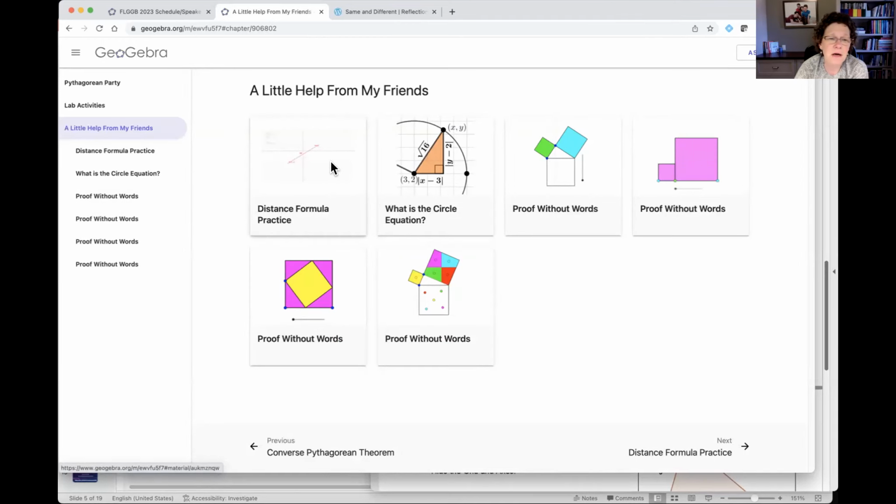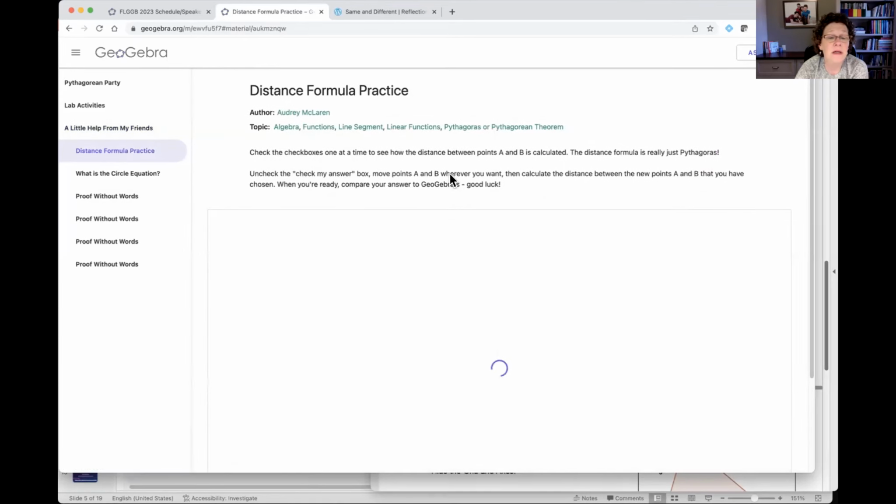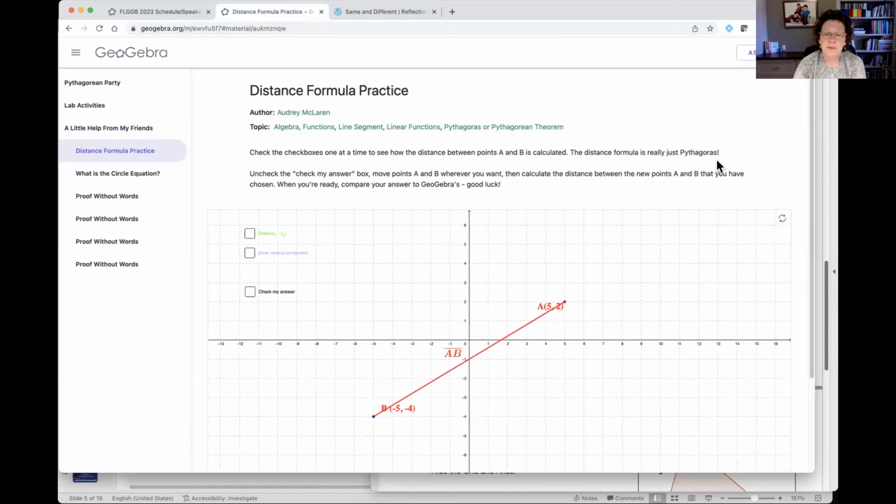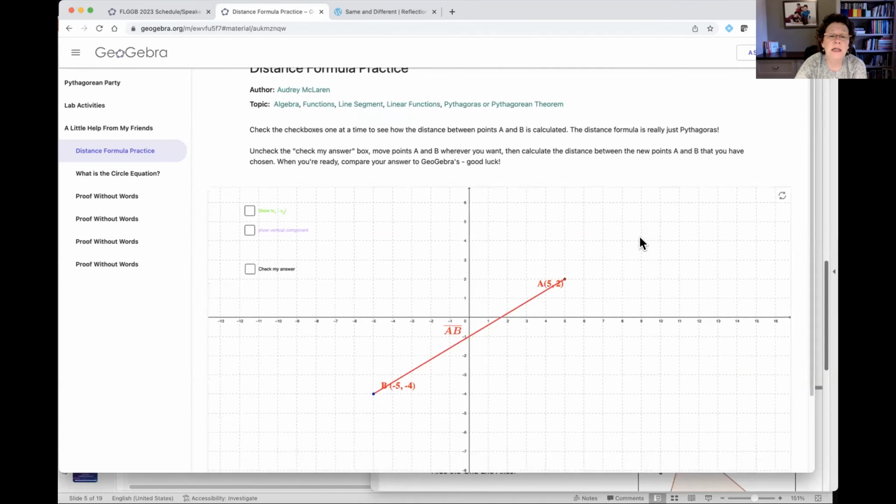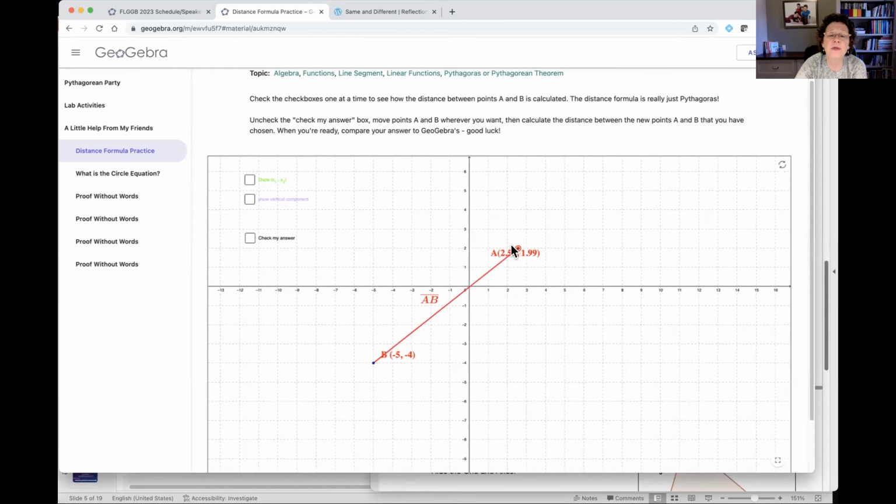First of all, the Pythagorean theorem is the same thing as the distance formula. And Audrey McLaren happened to publish this activity just a couple days ago. And what she was doing was she was practicing with the distance formula, having students take a set of numbers and figure out what the distance was.